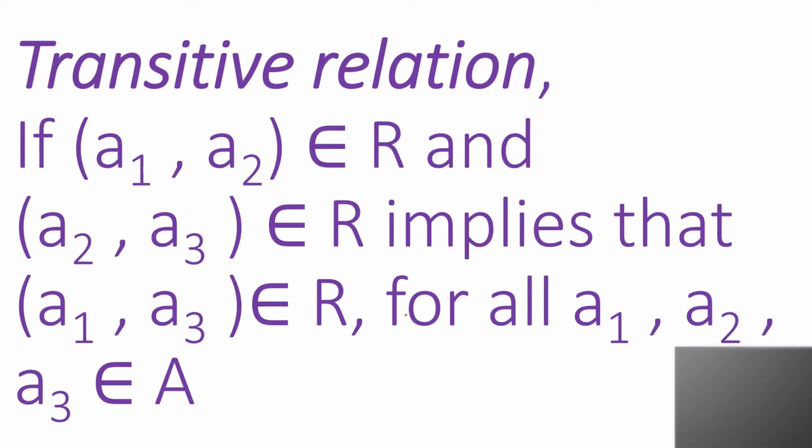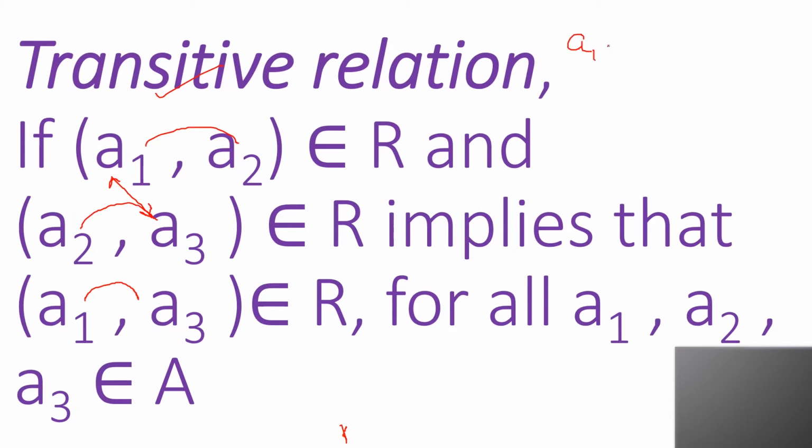Third is transitive relation. If A1 is related to A2 and A2 is related to A3, as well as if A1 is related to A3, then the relation is called transitive.